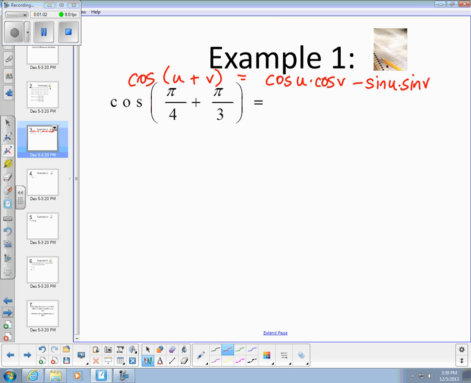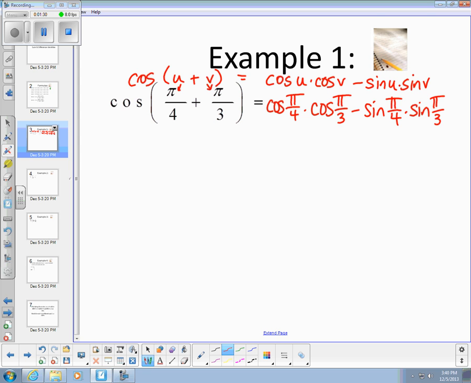So in this problem, our u would be pi over 4, so cosine of pi over 4, and our v would be pi over 3, times cosine of pi over 3, minus the sine of pi over 4 times the sine of pi over 3. So identify what your u equals and what your v equals, and use that to fill in your formula.